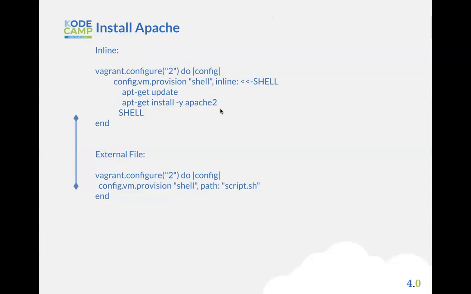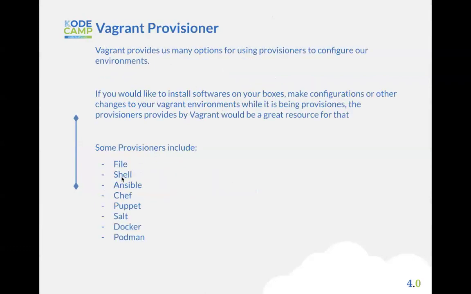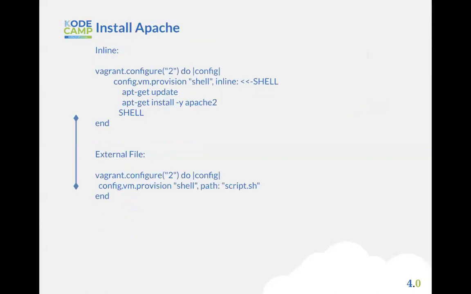With Vagrant, you can specify your provisioner using config.vm.provision. There you can specify either a file provisioner or a shell provisioner or Ansible or Chef, or whichever one you want to use. In this case, you're using shell, and to have it inline, you can put your different configurations.